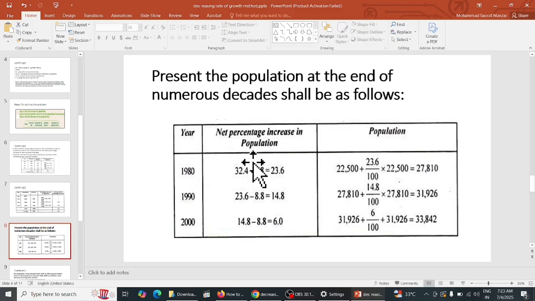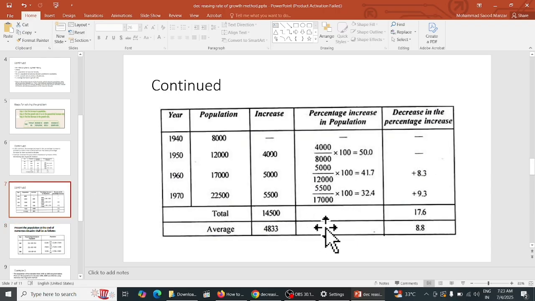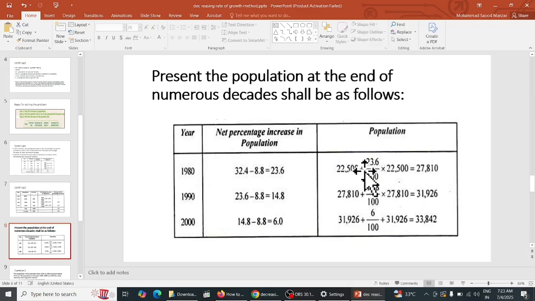So here we have three values. Now the population at 1980 would be, what is this, 22,500? So this is the population for the current decade, that is 1970, plus this net percentage increase in population at each successive decade, which is 23.6 upon 100 into, again, the current population, which is equal to this value.